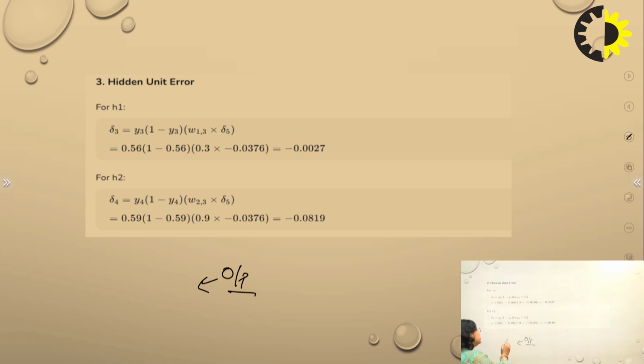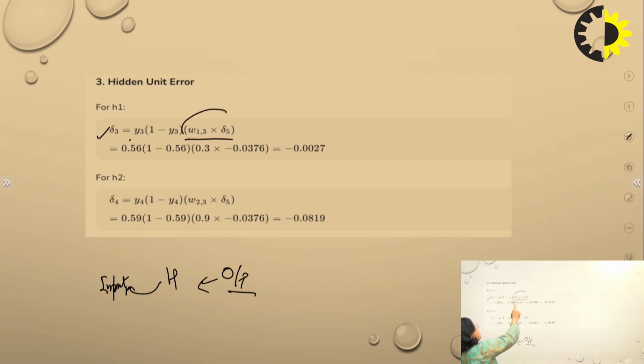Now we move towards the hidden layers, and after that towards the input layer. At the hidden layer we calculate the gradient for node 1, or you can say H1. This is delta 3: Y3 times 1 minus Y3, times the gradient. We are updating the weights.